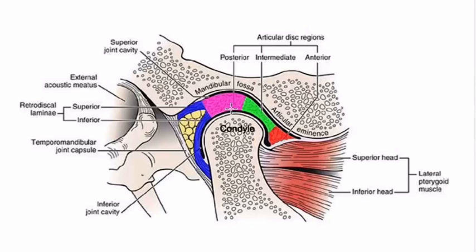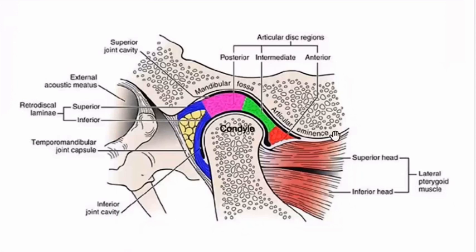When we have full rupture of the outermost layers of the disc, most likely in the posterior region, we have few collagen fibers. If the disc becomes flattened, it frequently dislocates or slips from position.